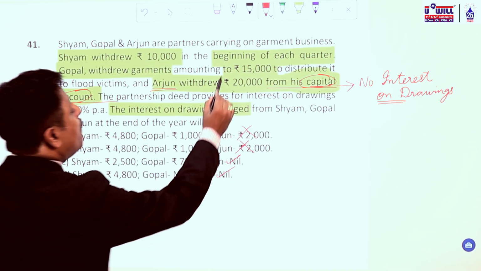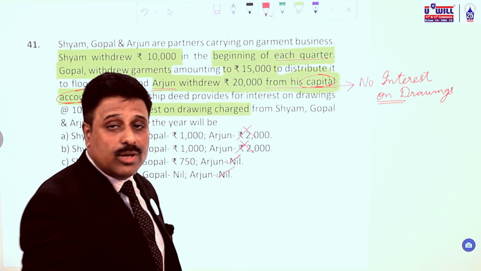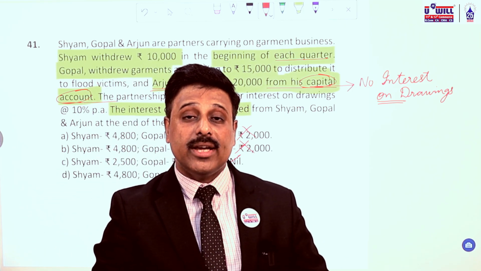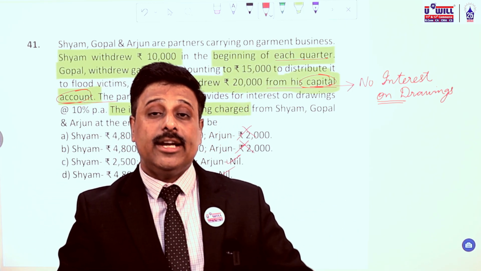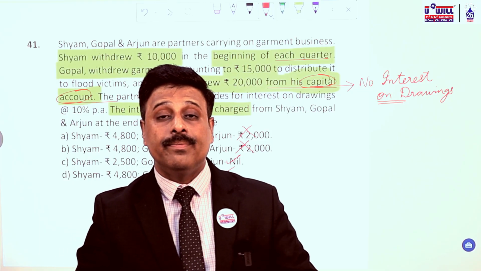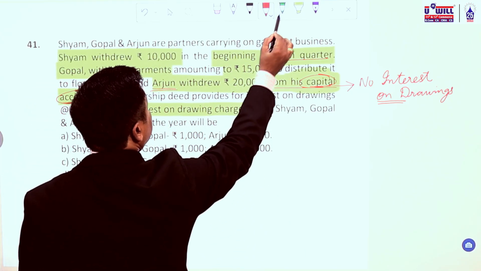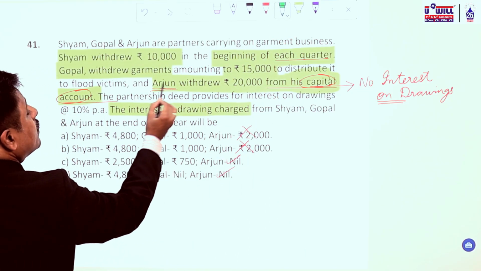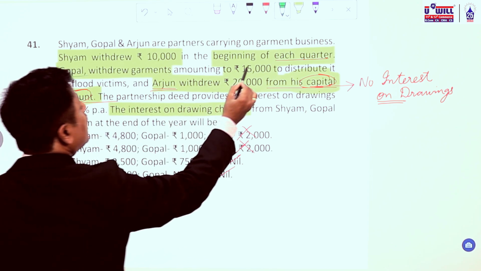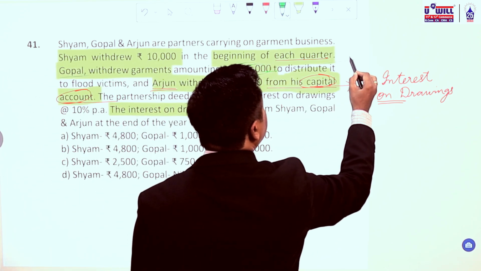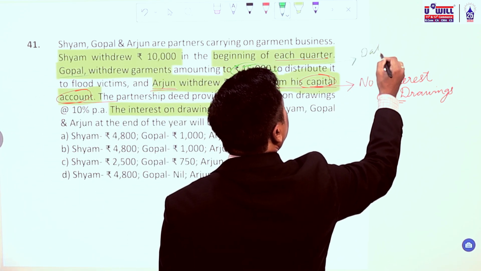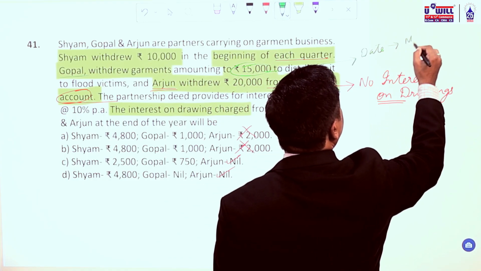Beginning of each quarter means the calculation is very lengthy: annual drawings into R upon 100 into average period divided by 12. But Gopal's is so simple. Gopal has withdrawn garments of 15,000. Is the date given? Date not given.